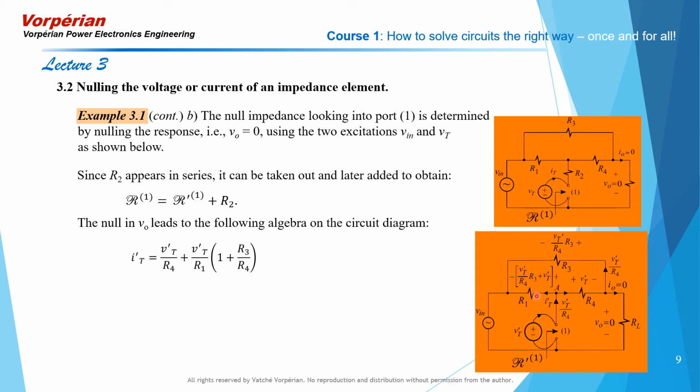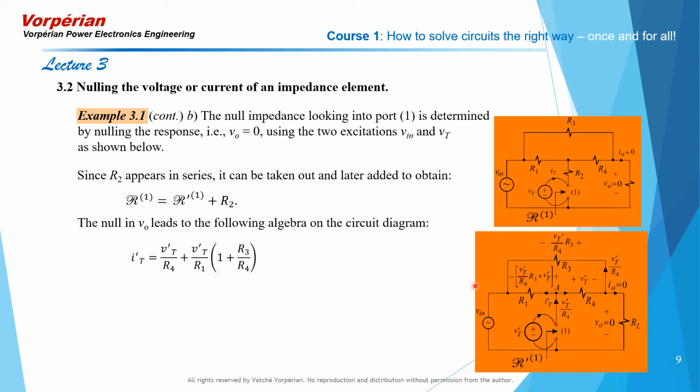Pretty straightforward. And that gives me the relationship at this node between these two currents and I prime t. So this current here on the right was V prime t over R4, and this current here is the current through R1, which is the voltage that appears across R1 divided by R1.